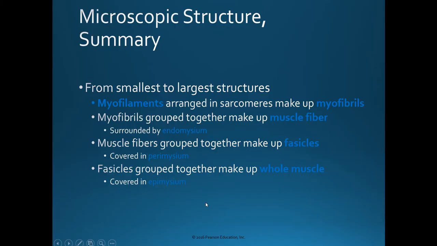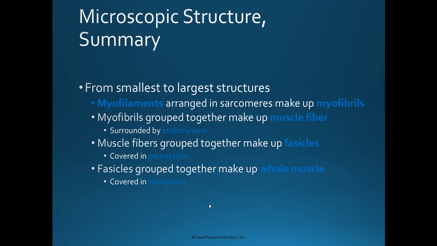So if we go from the smallest structure to the largest structure in terms of how this all comes together, it's fibers within fibers within fibers. We start with the myofilaments. They get arranged in that sarcomere structure, and that makes up the myofibrils, thousands of sarcomeres. The myofibrils get grouped together, and that becomes a muscle fiber or muscle cell. That muscle cell, muscle fiber, gets surrounded by the endomysium membrane.